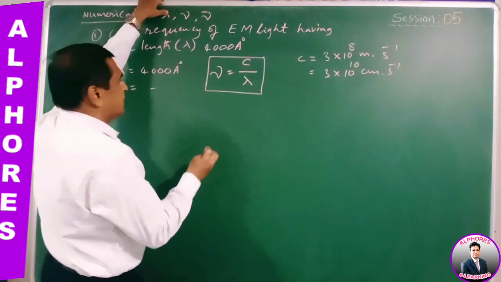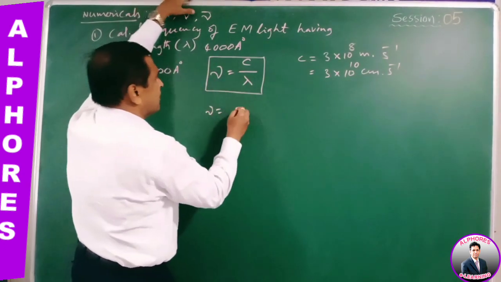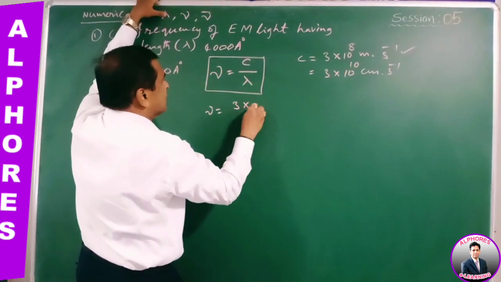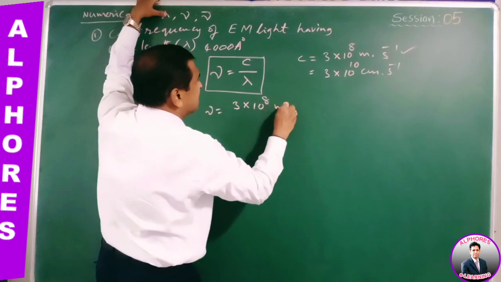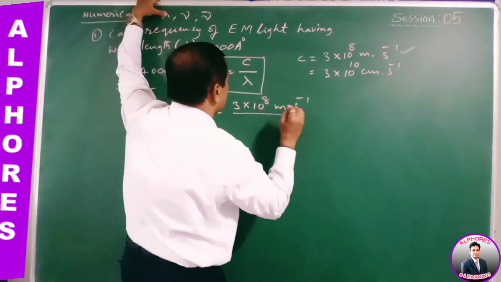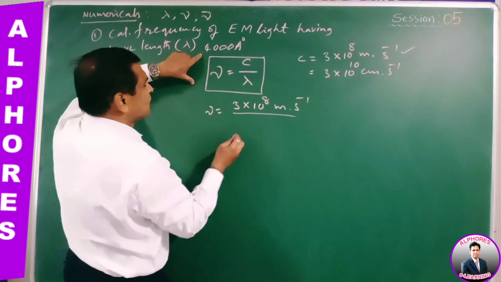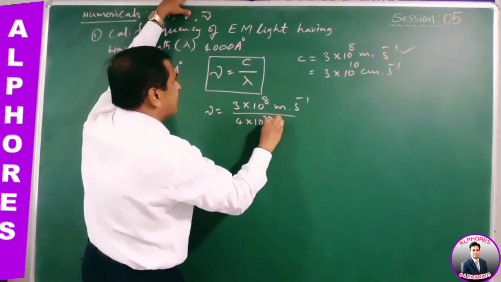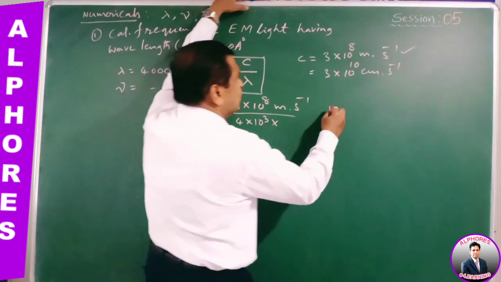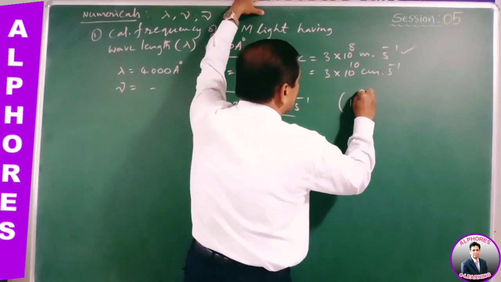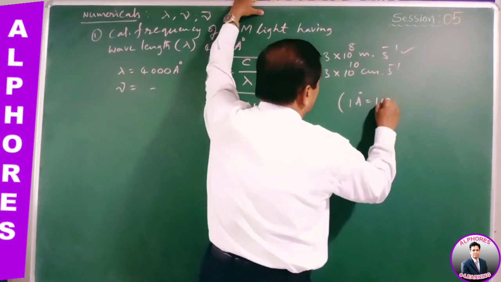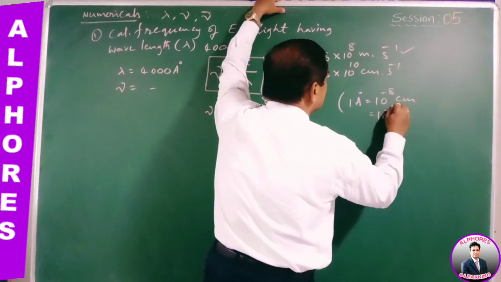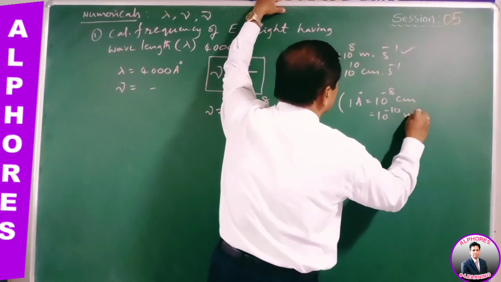Nu is equal to C, velocity of light, let us consider in meters per second: 3 into 10 to the power 8 meters per second by the lambda value, that is 4000, into, as we know that 1 angstrom unit is equal to 10 to the power minus 8 centimeters or 10 to the power minus 10 meters.